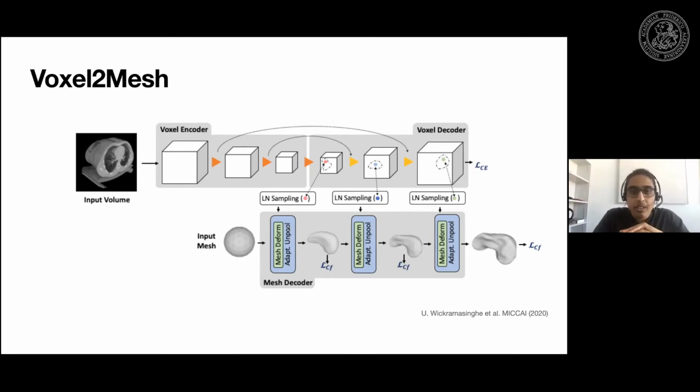The key reason we need this unpooling is that we want to start with a simple mesh. What do I mean by a simple mesh? A mesh with a small number of vertices, and we gradually increase the number of vertices.